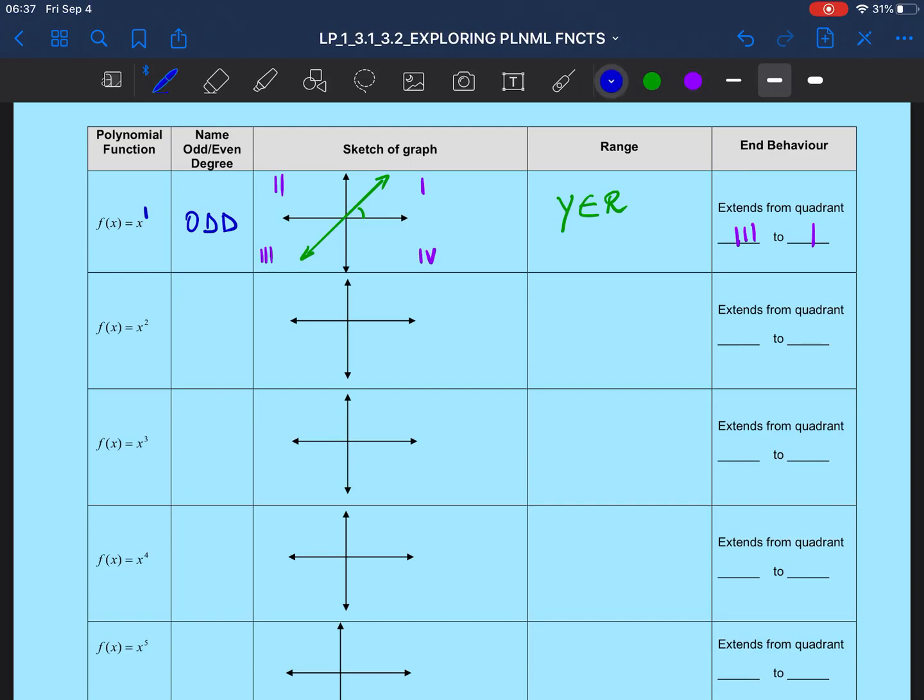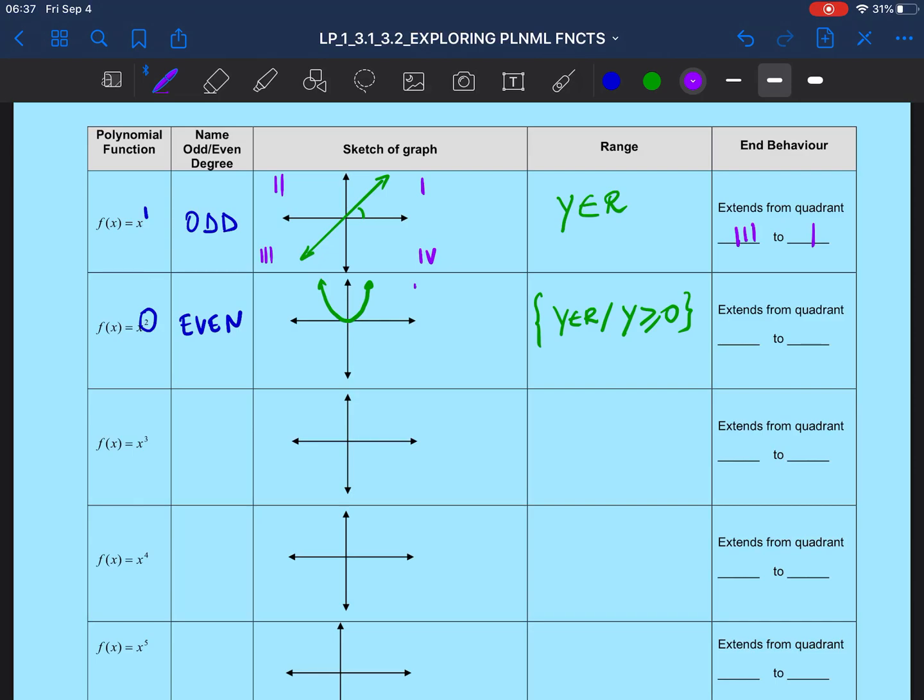f of x equals x squared. Now this is an even degree function, and that's because the power of x is an even number. We are familiar with the shape of this graph because we've learned this in grade 10, right? And we're going to say that the range of this function is y any real number, but y has to be bigger than or equal to 0.